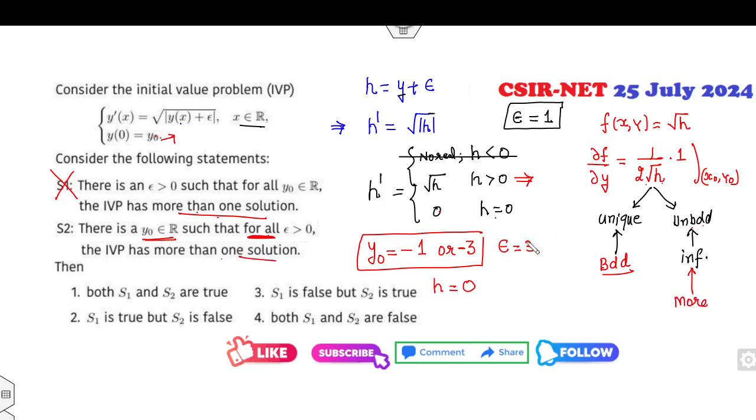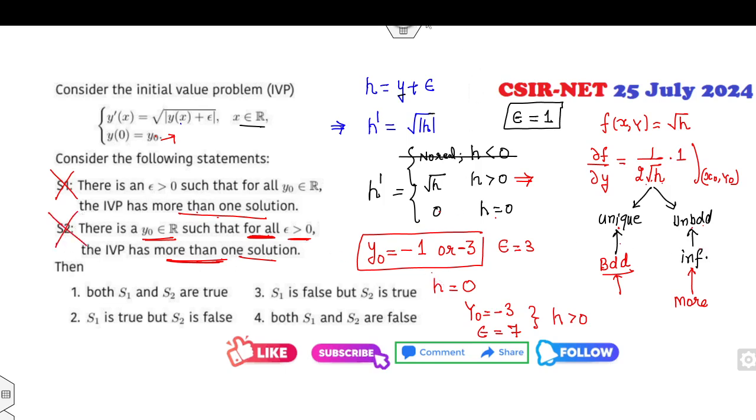Fine. If this is unbounded, then we have more than one solution. But is it true for all epsilon? No. If I choose y naught as minus 3, epsilon as 7, is it satisfied? Then clearly h is positive, and in that case you will get bounded. That means a unique solution. Therefore, more than one solution always is not possible.